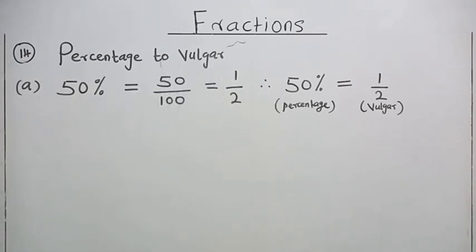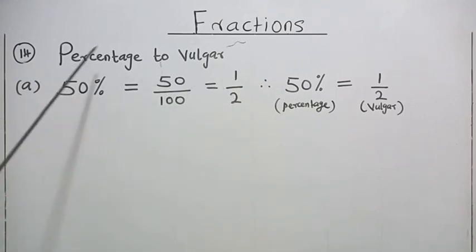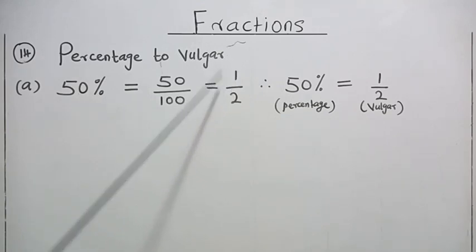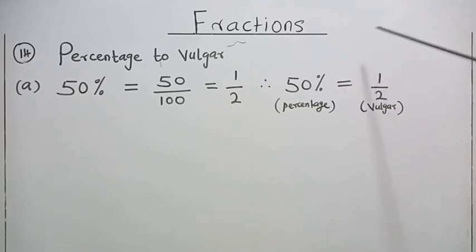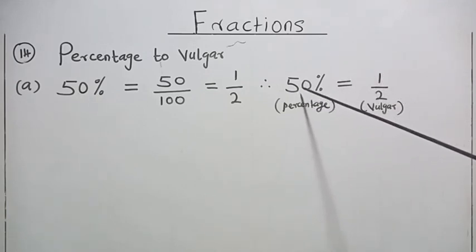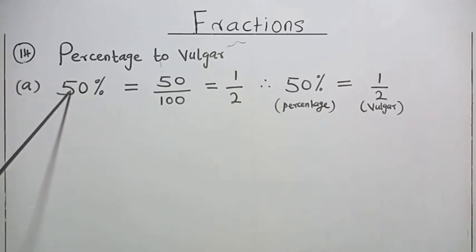When 50 divides 100, the result is 2. Therefore, 50% is equal to 1 over 2. In conclusion, 50% is equal to 1 over 2, whereby 50% is in percentage and 1 over 2 is in vulgar. This way, we have been able to convert 50% to vulgar fraction.